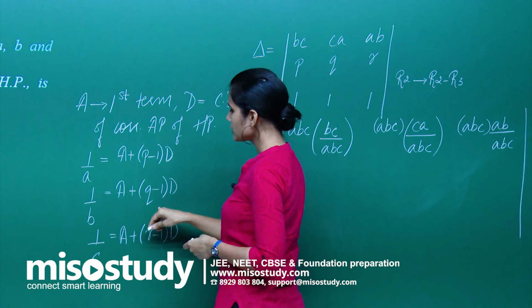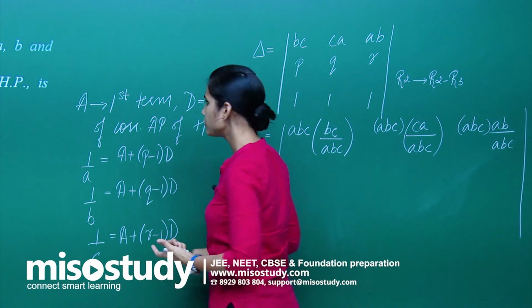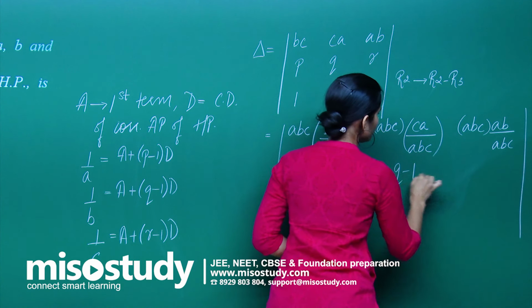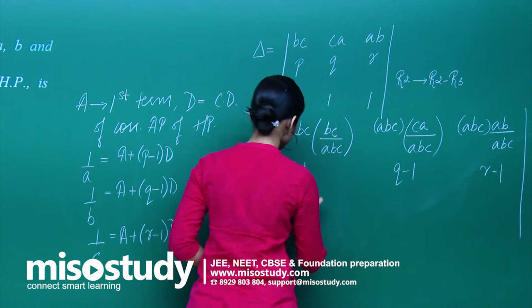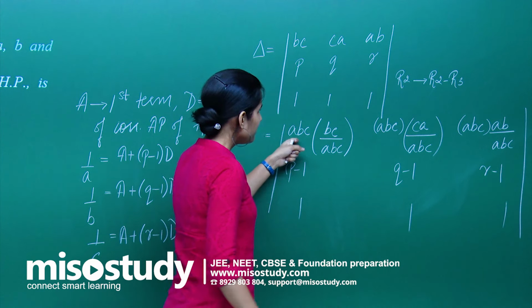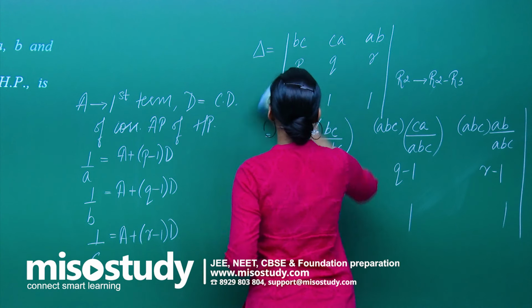Here we have p minus 1, q minus 1, r minus 1, we obviously need to use this. So build this setup, p minus 1, q minus 1, r minus 1, 1, 1, 1. abc is going to come out common, right?